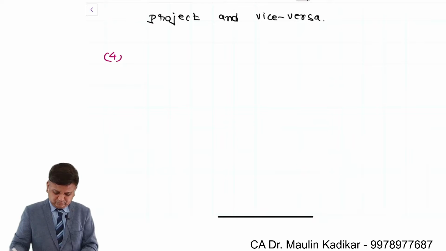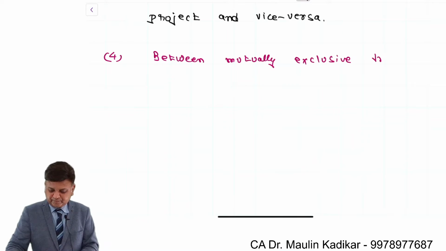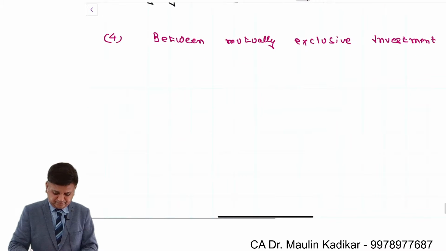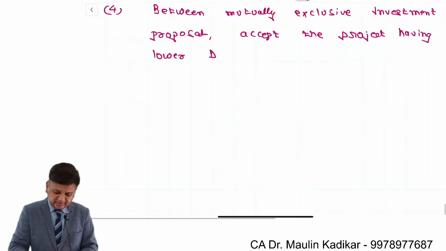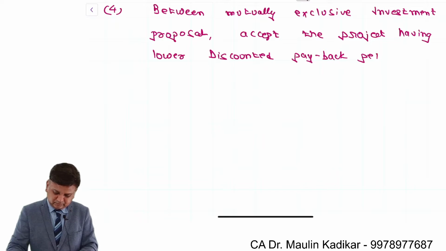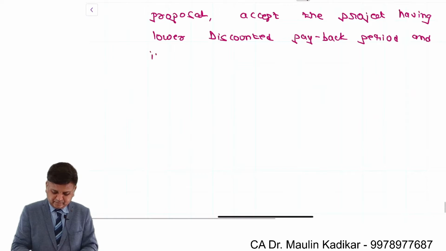Next, between mutually exclusive investment proposal, comma, accept the project having lower discounted payback period, and it should be less than standard payback period.